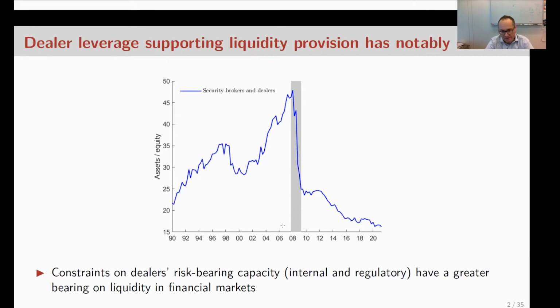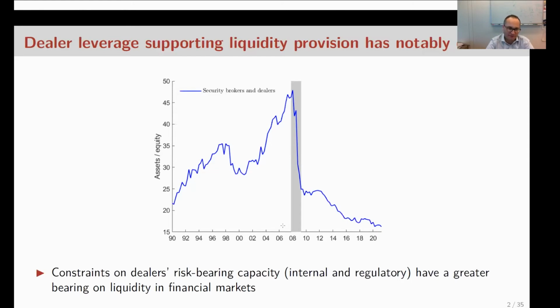And ever since then, not least given the re-regulation of the banking system post-GFC, we've seen leverage becoming much smaller over time. So overall, the broker-dealer sector has much less of a heft in the financial system than it used to have. Market activity has gravitated more towards other parts of the financial system, and intermediation has shifted to other key players.